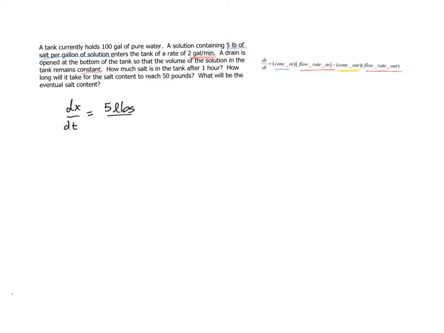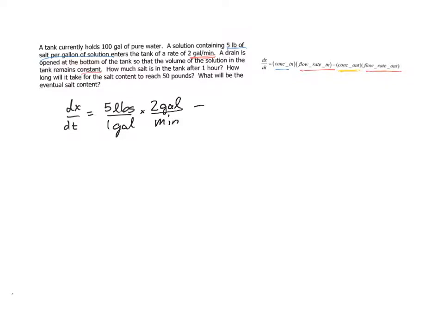So when we write our differential equation, it's very helpful to put the units into the equation. So we've got dx/dt equal to the concentration going in, which is 5 pounds per 1 gallon, multiplied by the flow rate going in, which is 2 gallons per minute.